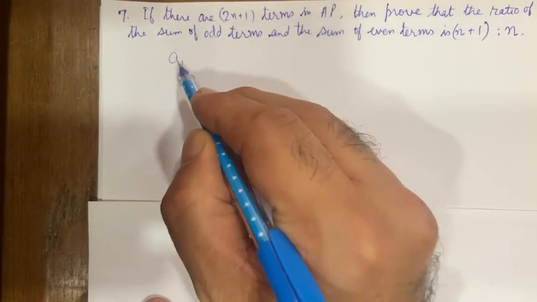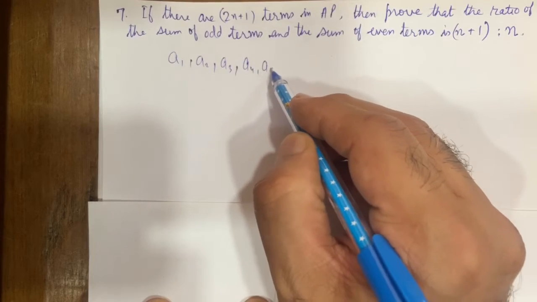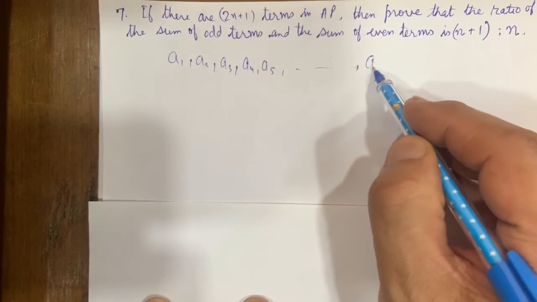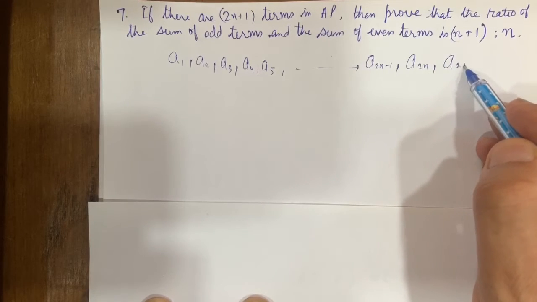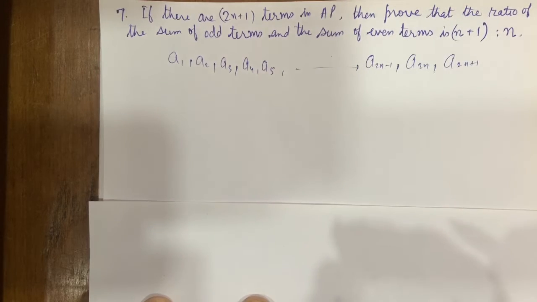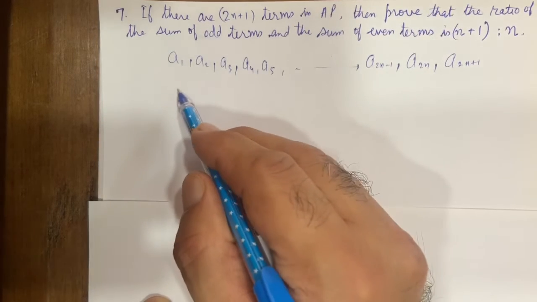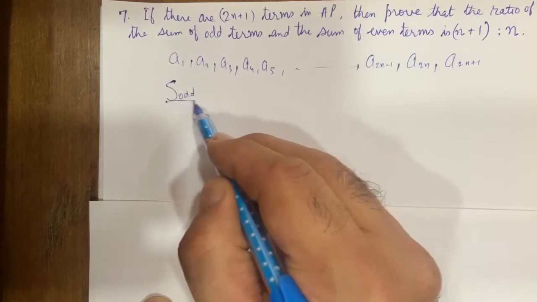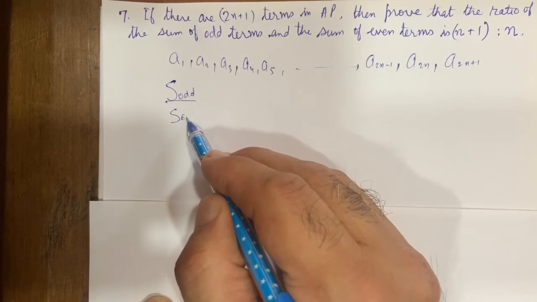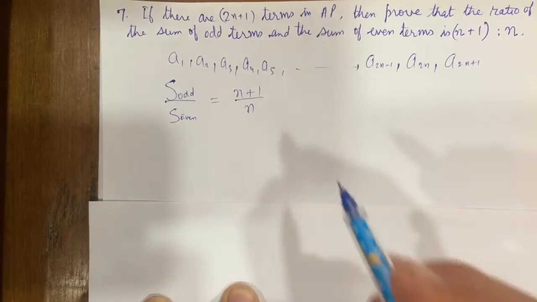We are given 2n plus 1 terms in an AP. So let's say the terms are A1, A2, A3, A4, A5 and so on up to A2n minus 1, A2n, and A2n plus 1. So we have an odd number of terms. So the sum of odd number of terms to the sum of even number of terms, we have to prove, is n plus 1 upon n.